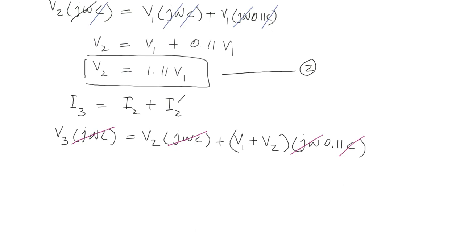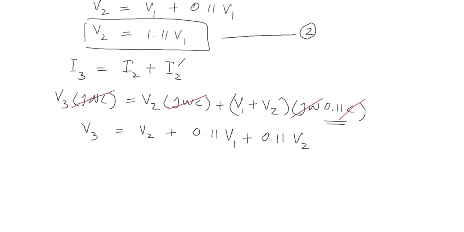So we can simplify it as V3 is equal to V2 plus 0.11 times V1, if we multiply this 0.11 with V1 and V2 both, plus 0.11 times V2.